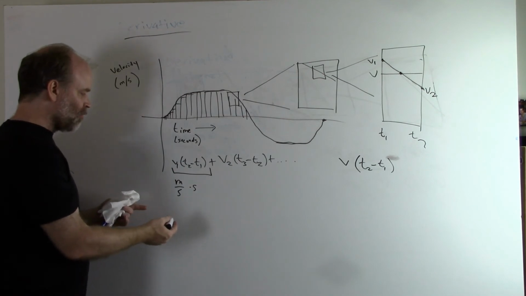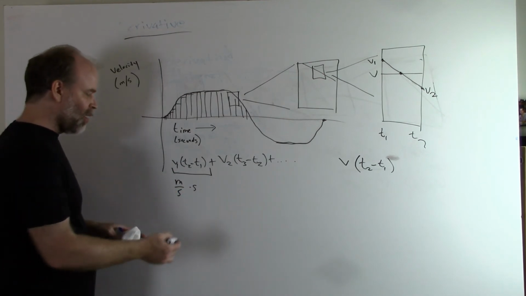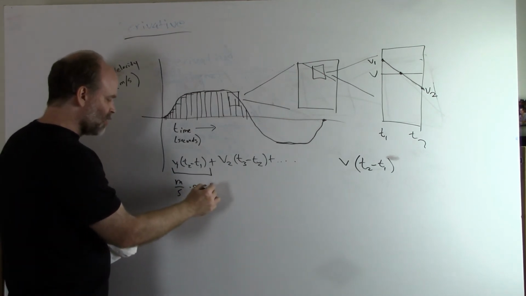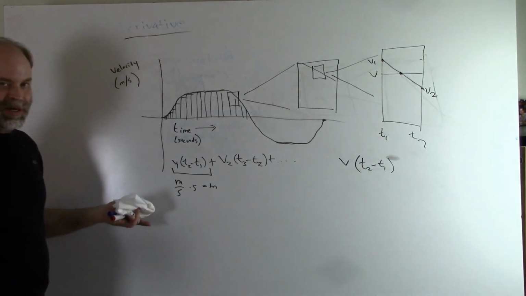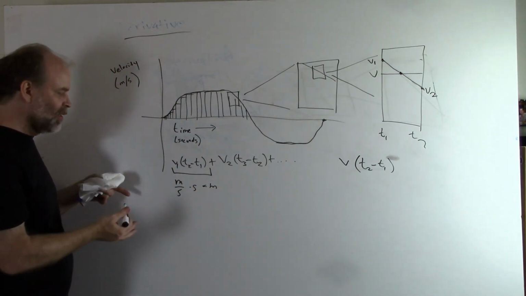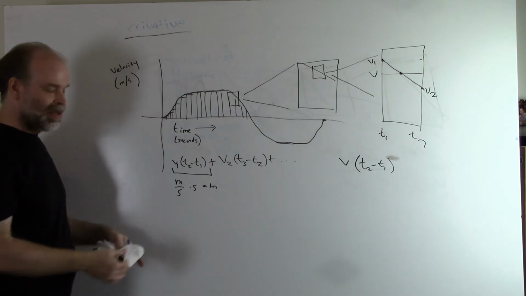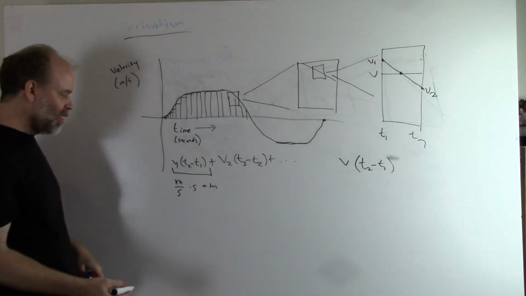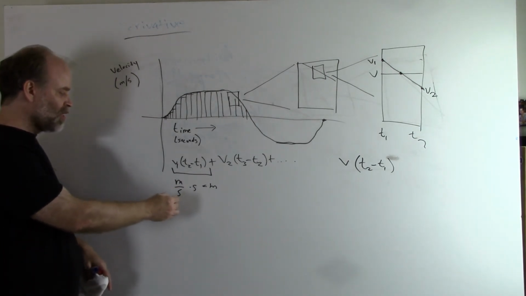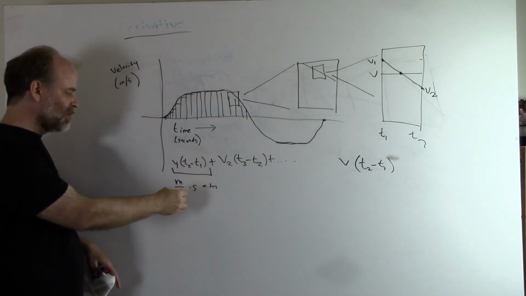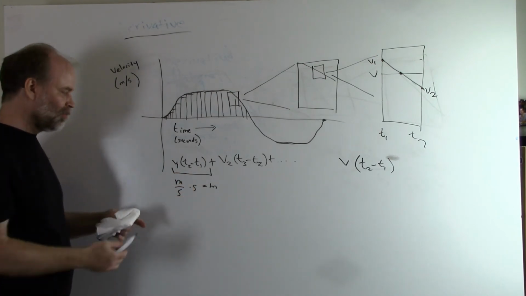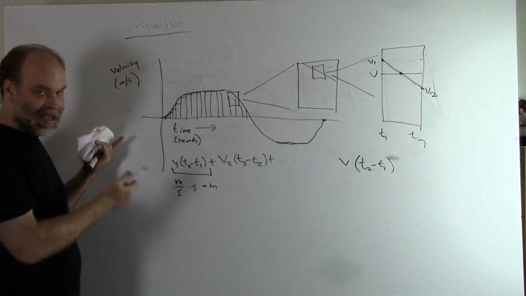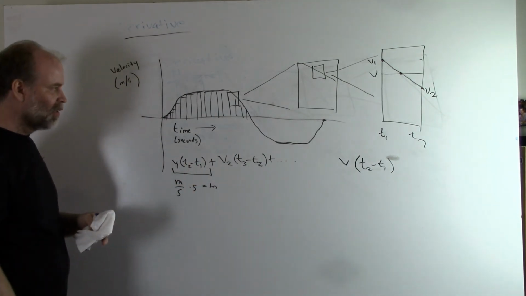So the resulting unit of that operation is meters, which is exactly what we would expect. We're trying to determine distance from velocity. Distance is in meters. We are multiplying meters per second times seconds. So the result ends up being meters as we expect.